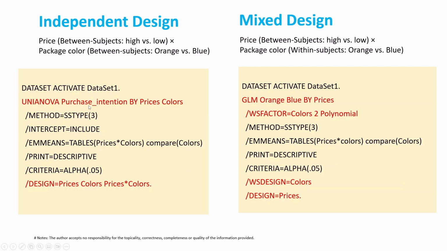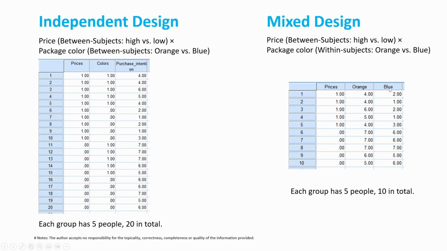And the differences are highlighted in red. As you can see, this has a dependent variable, but here the dependent variable is orange blue, the column name. Remember that the column name is orange blue.